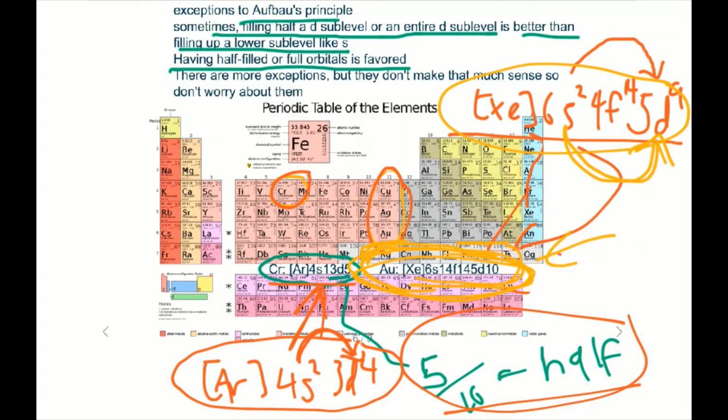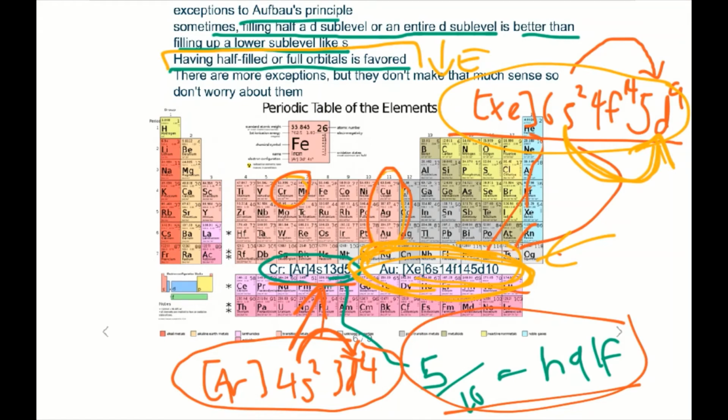Why so? Well, remember, having half-filled or full orbitals is favored. Why is this favored? Because it's lower in energy. And if the 6s electron decides to transfer itself to the 5d9 sublevel, then it makes 5d10, and 5d10 is lower in energy, so it's more stable.